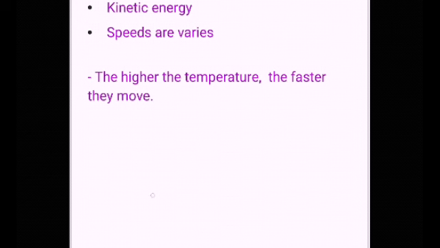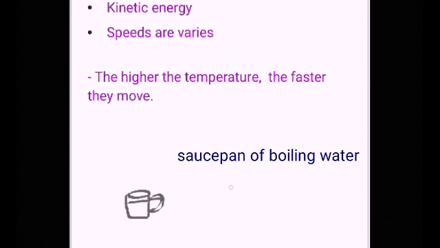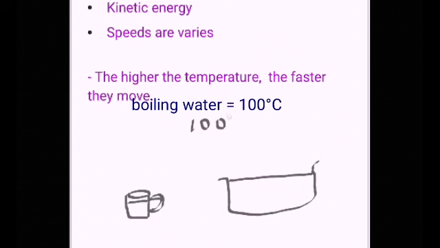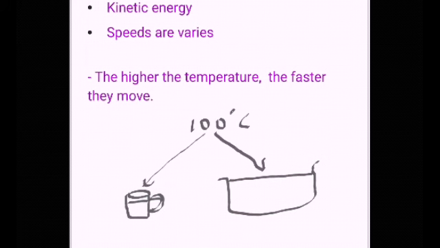Okay, if I have a cup of boiling water and a saucepan full of boiling water, satu periuk boiling water. Okay, this both boiling water has the same temperature which is 100 degree Celsius. Boiling water je ada suhu 100 degree Celsius, right?